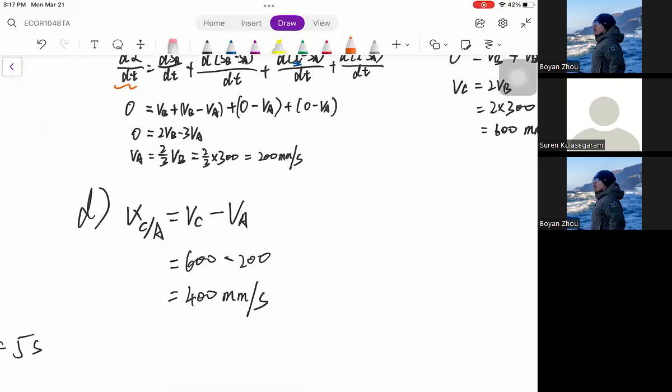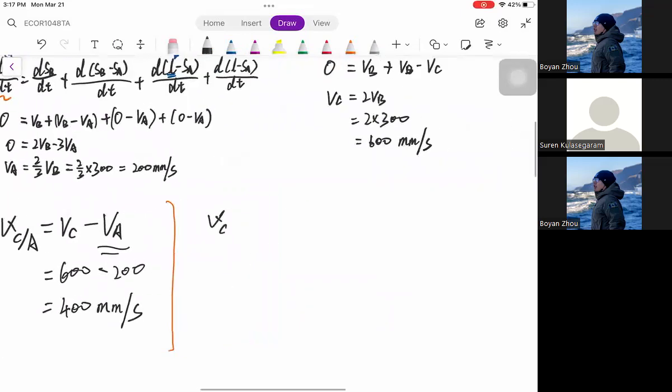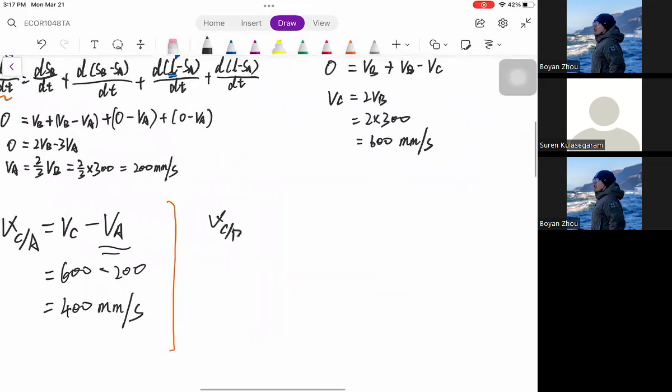Another thing to keep in mind is that when you're doing relative velocity, double check the sign or the direction of the velocity when doing the math. For this one, we're finding the relative velocity of C with respect to A. But what if the question asks for the relative velocity of C over D?